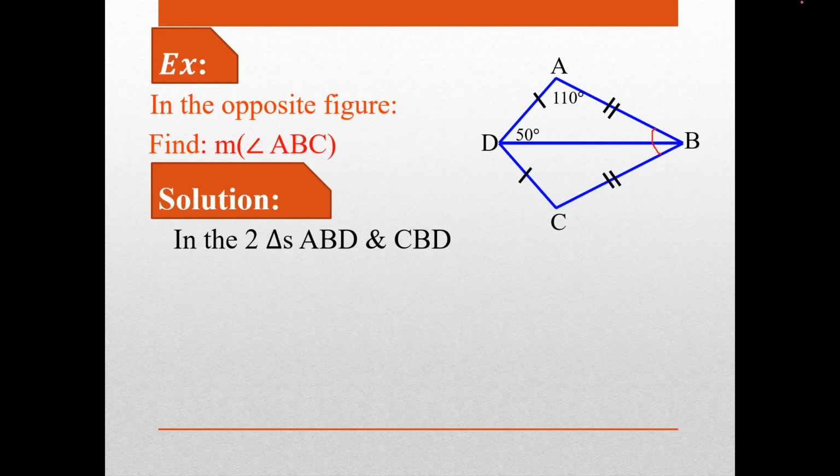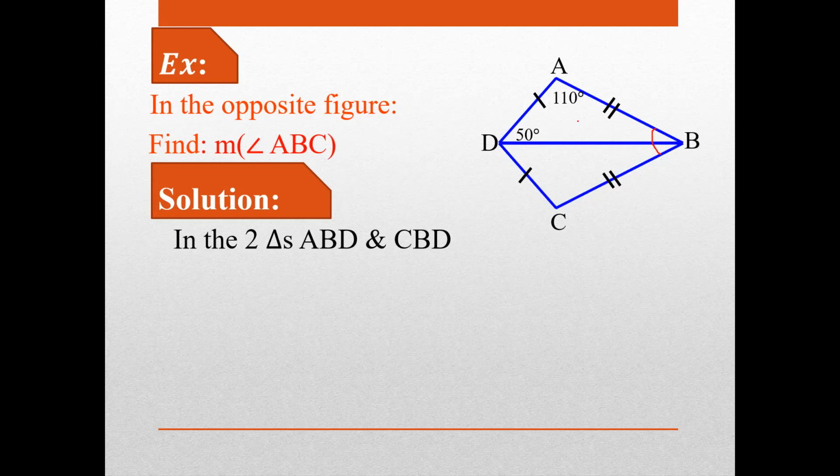Our givens are AD equals CD, and AB equals CB. Where is the third condition?